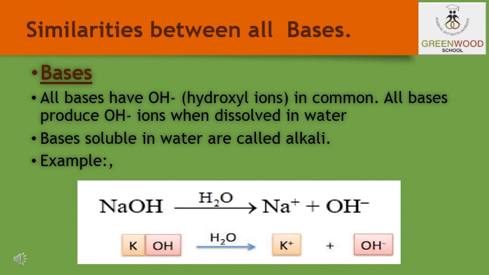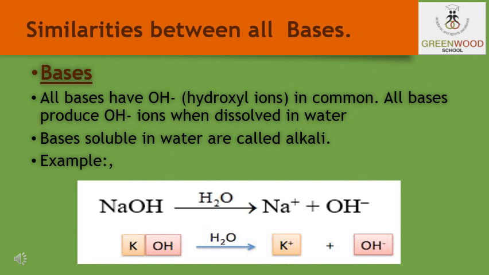So a base is a substance which, when dissolved in water, gives hydroxide ions in the solution. Just as the properties of acids are due to the hydrogen ions they give in aqueous solution, the properties of bases are also due to the hydroxide ions which they give in aqueous solution.